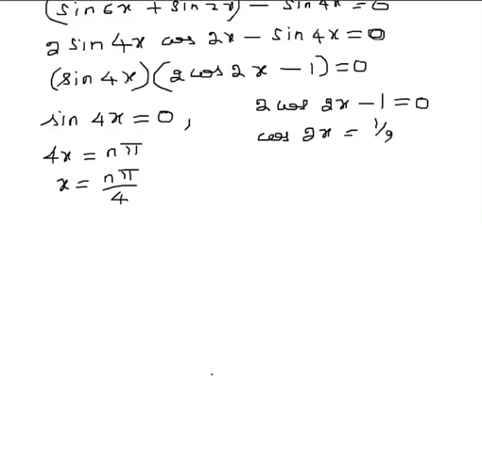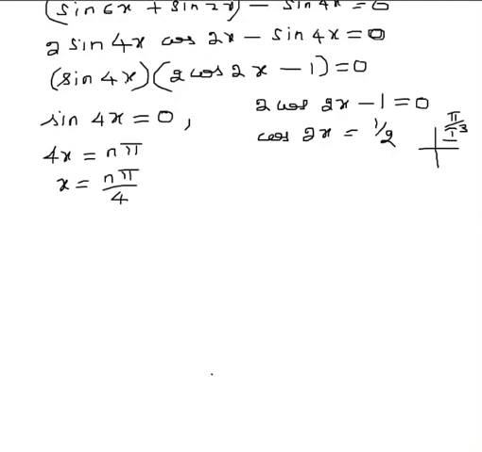Cos 2x is half. It's positive in the first and the fourth quadrant, but the smaller principal solution we have to take. So the base angle itself we are going to use as y, 60 degrees. Cos 60 is half.